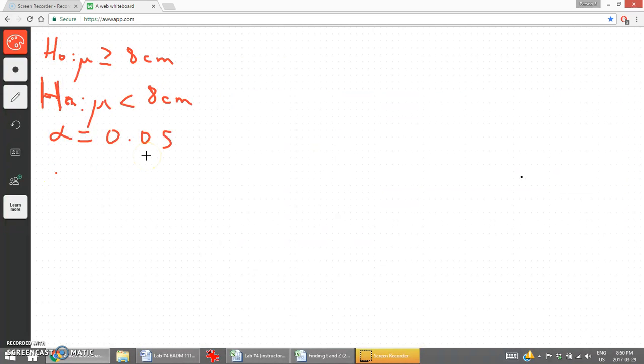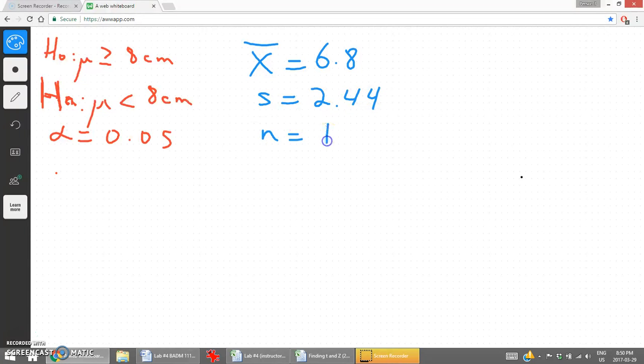So let's take a look at what we have. Let's list this in another color. We know that the average French fry is 6.8 centimeters, the standard deviation of those French fries is 2.44, and we have 113 French fries. In hypothesis testing, the process is to compare a test statistic with a critical value or a threshold value.